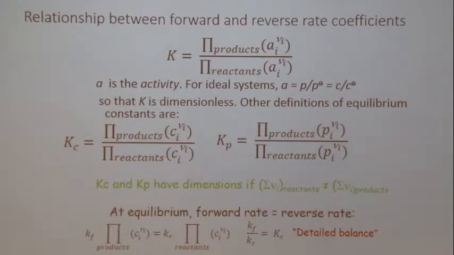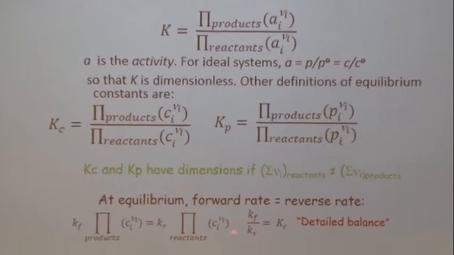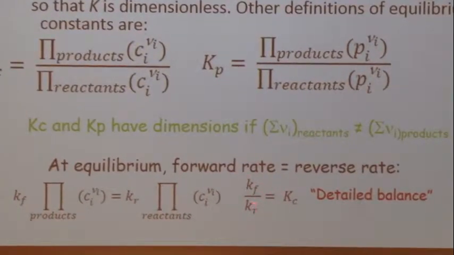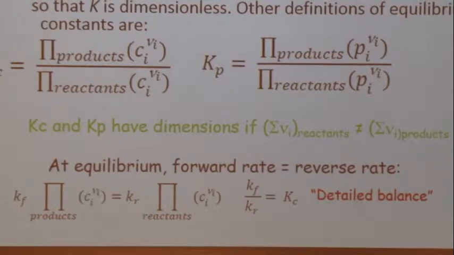And so knowing the Kc, which we know from the thermo, gives us a way to compute the reverse rate coefficient from the forward rate coefficient. And this property, that the forward and reverse rate coefficients have to be related to each other, is called the property of detailed balance. And this has to be satisfied for the laws of thermodynamics to be satisfied.